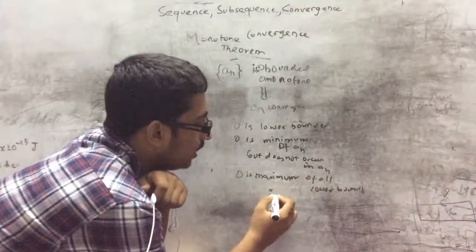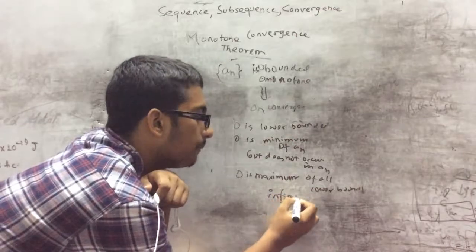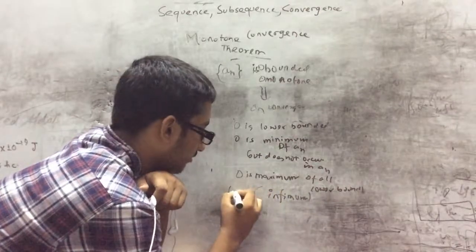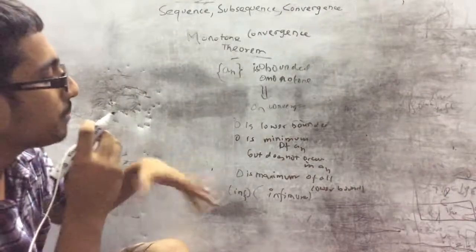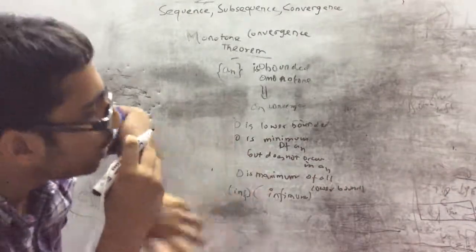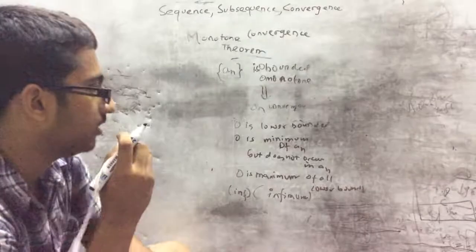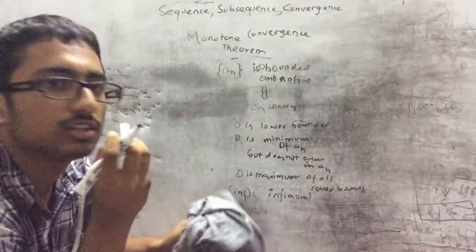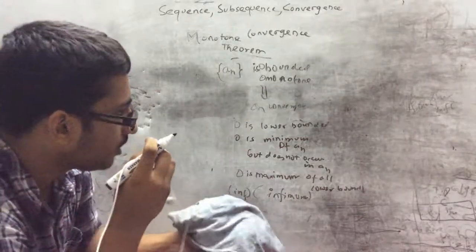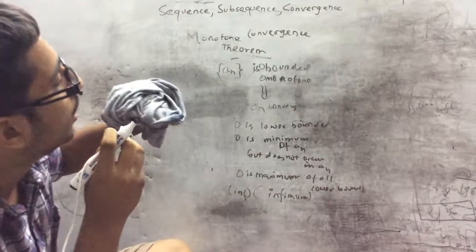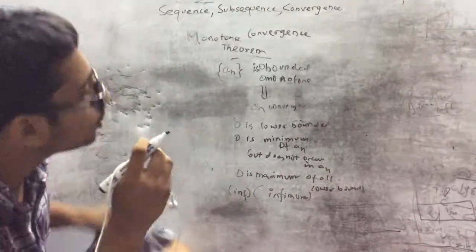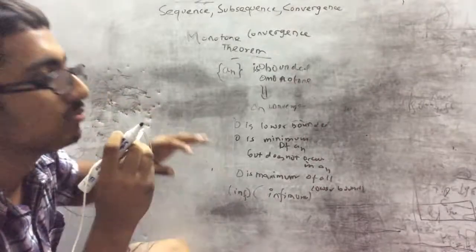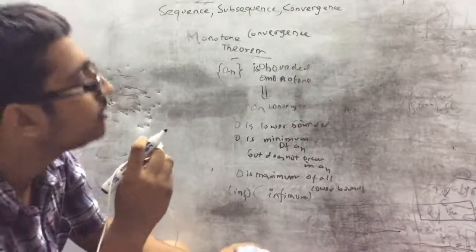and a fancy name is given to it. It's called infimum, in short inf. So 0 is the maximum of all lower bounds, and it's very interesting that the sequence converges to it. And it's mainly for monotone sequences. Monotone sequences have this property, that they converge to the infimum.